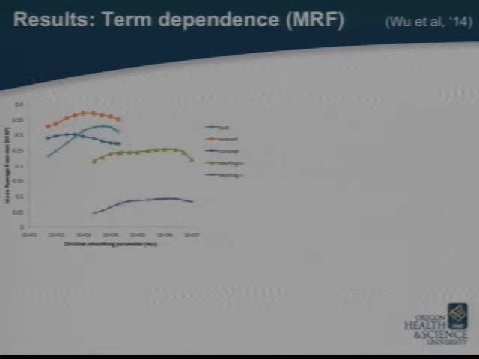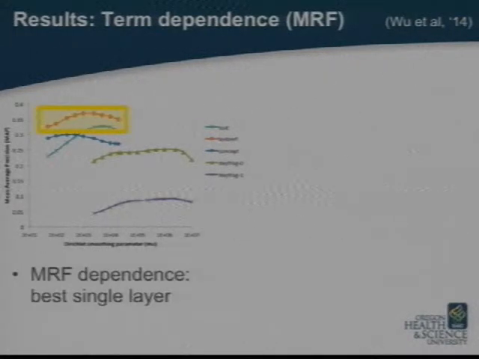These are learning curves. On the x-axis, you have a smoothing parameter. I won't go into what that is, but what you can see really clearly here is that on the top, the text MRF, or Markov random fields model, is doing the best on its own as a single layer.